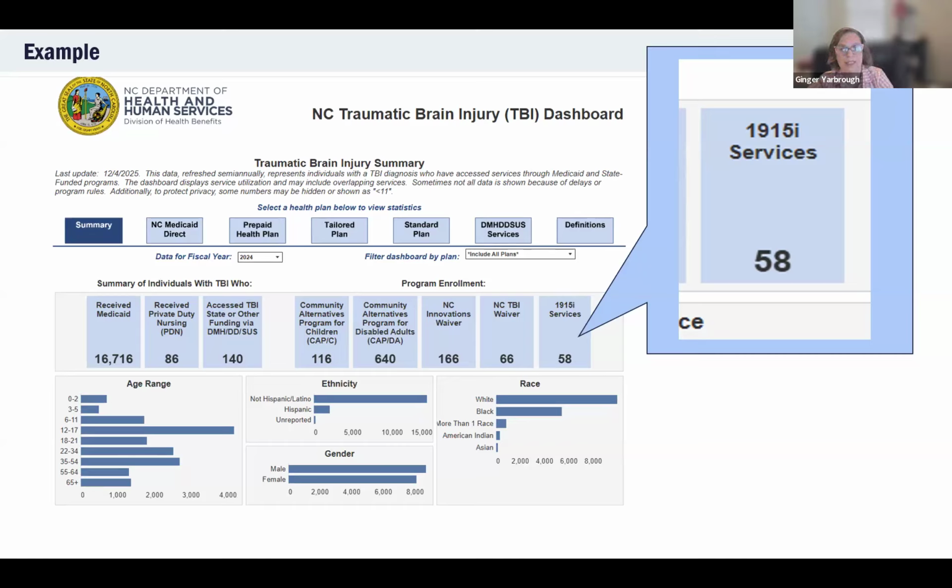And you may not be informed about what 1915I is or even that it exists. So I think there's a start of why we're seeing this lopsided services access. The other part of it is as we were doing our action planning committee, access to services was a huge part of the discussion.